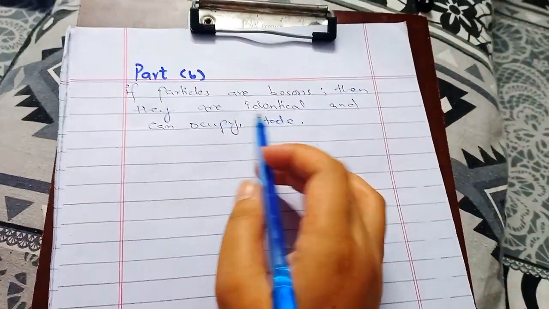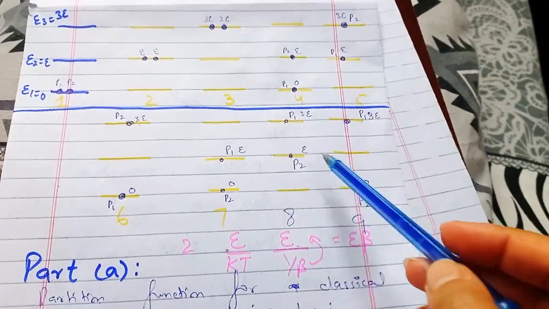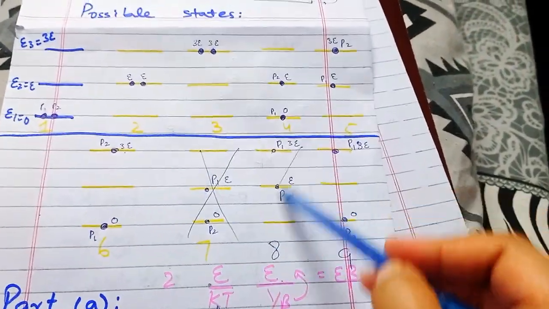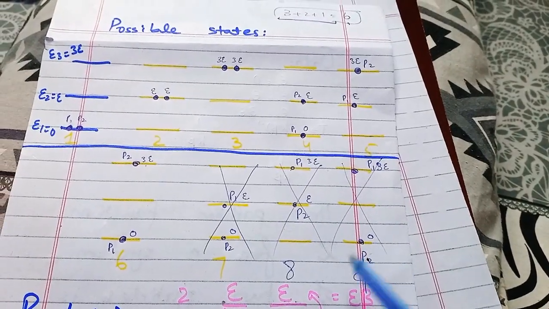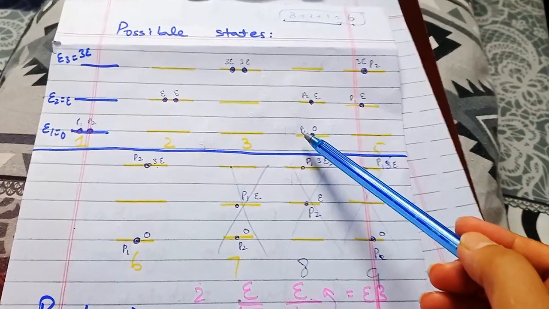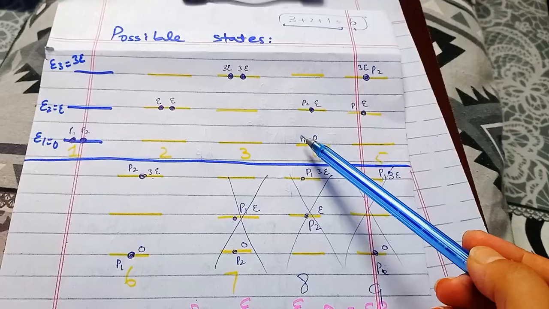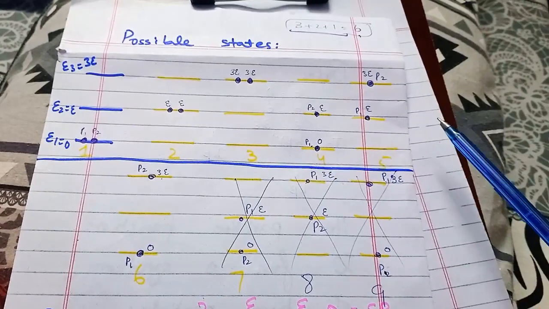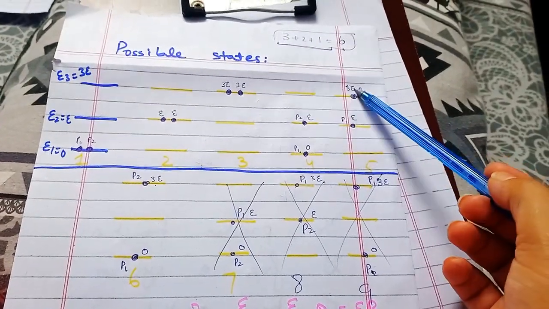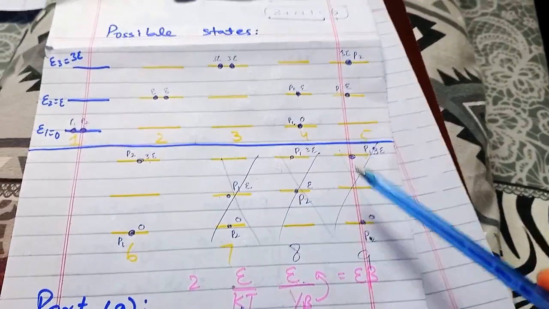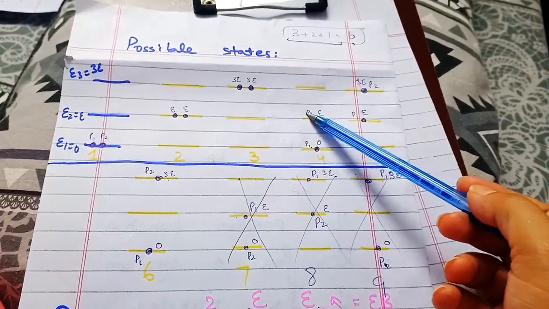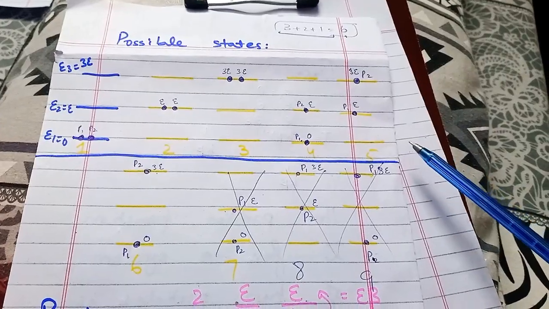So since bosons are identical, that is why these three combinations are not valid here for bosons, because since they are identical particles, p1 and p2 are same. So these are actually the same states. In case of bosons, since both of them are Amna, this is Amna and this is Amna, you can't distinguish between them.